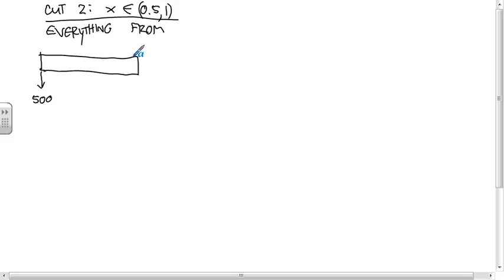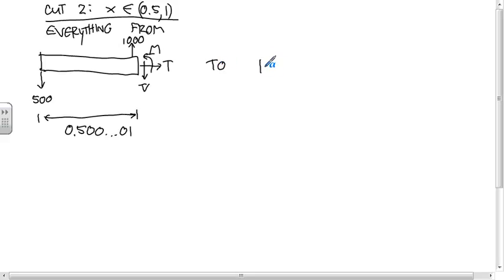We also have the positive 1,000 there, and the internal loads. This distance is 0.50001. Okay? So that's the shortest thing that this represents. And the longest thing it represents is almost all the way to 1 meter.